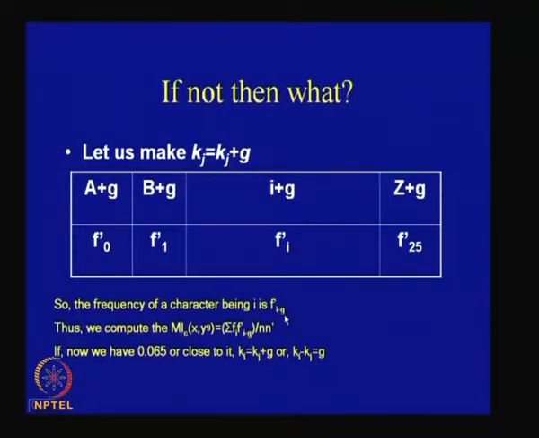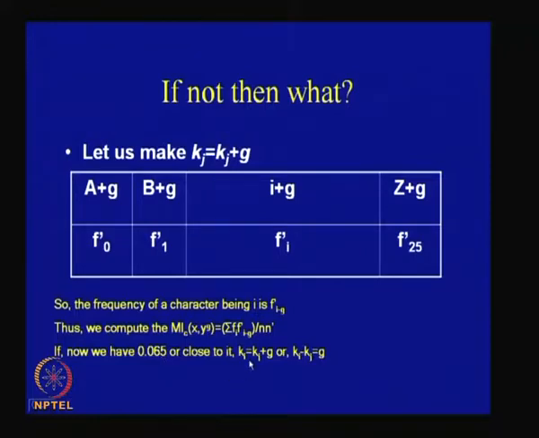This is exactly the same thing which I told you previously. So the corresponding frequency is f dash i minus g, and thus we compute the mutual index of coincidence of x and y g as sigma fi multiplied by f dash i minus g, divided by n dash.